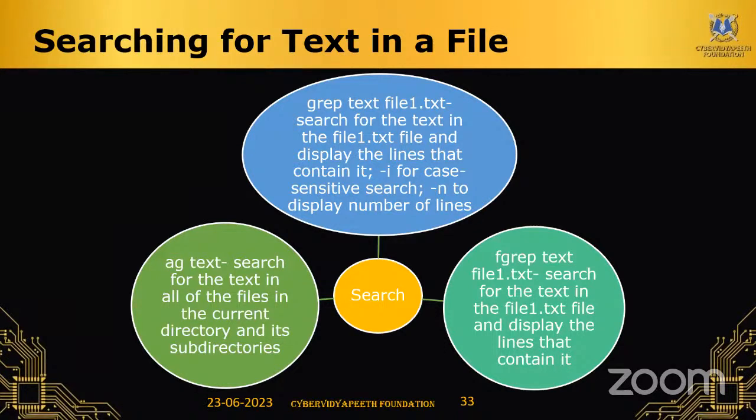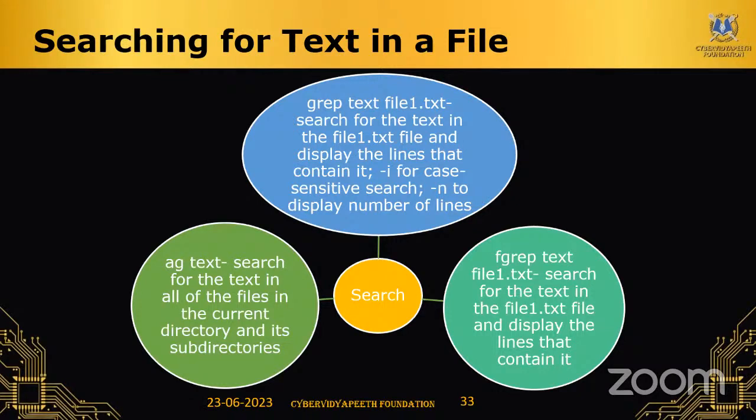Next command for searching in a txt file is fgrep. This stands for fixed string global regular expression print. This command is similar to the grep command, but it is faster than grep. It searches only for fixed strings instead of regular expressions.